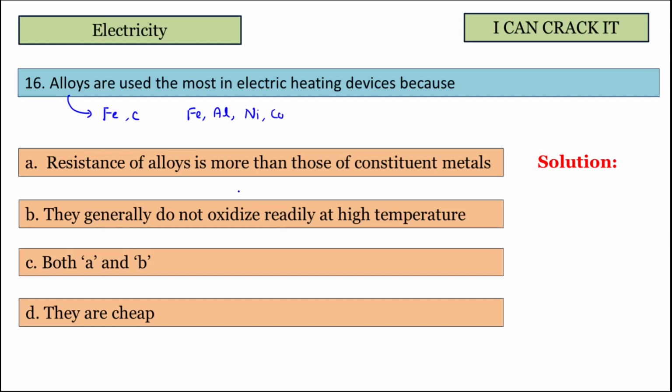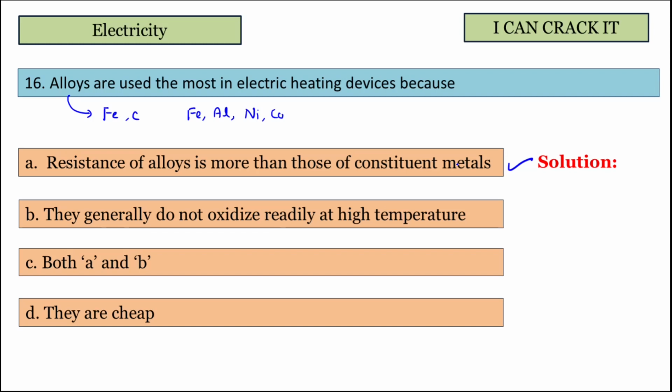So a homogeneous mixture of metals or non-metals is called an alloy. And why do we use alloys generally in electric heating devices? There are two reasons. One is the resistance of these alloys is more compared to the metals. So that's the first reason, that is correct. And second, they generally do not get rusted. For example, if you take iron, it gets rusted very easily compared to steel.